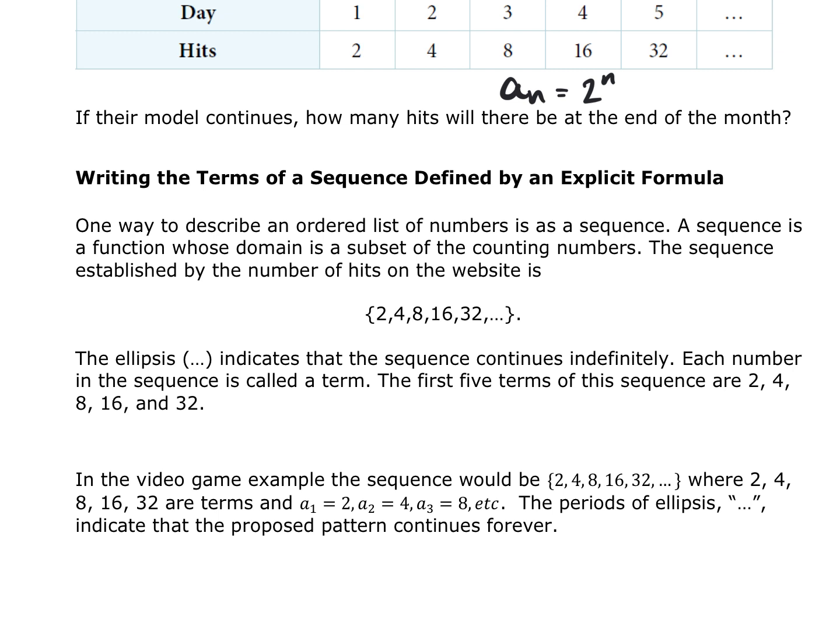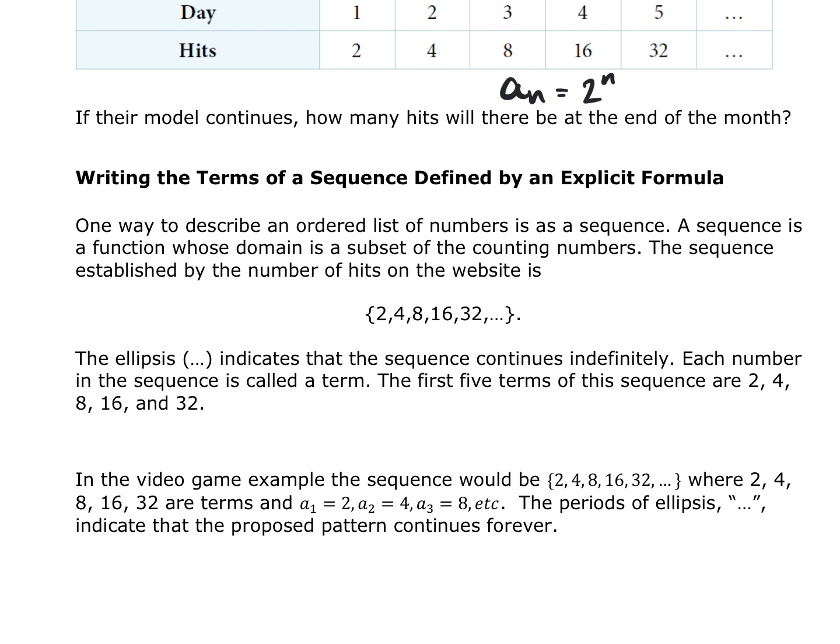And so if we take a look at this, this is our sequence. This is one of the ways that we can represent the sequence. We'll use a curly bracket. We use a comma between each one of the terms, and then we use these 3 little dots called ellipses to show that it's going to continue on indefinitely. That would be assuming that this trend of doubling the hits each day is going to continue forever.